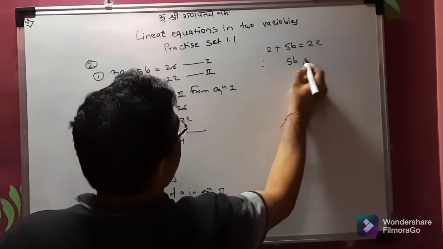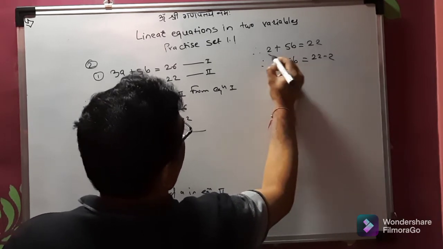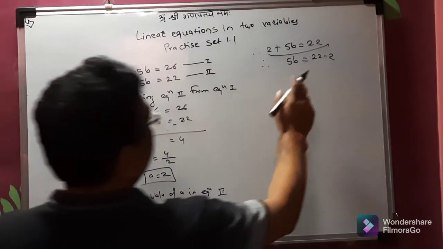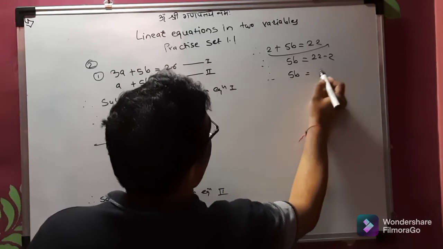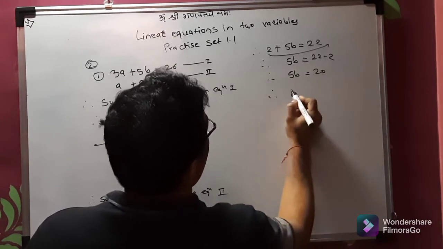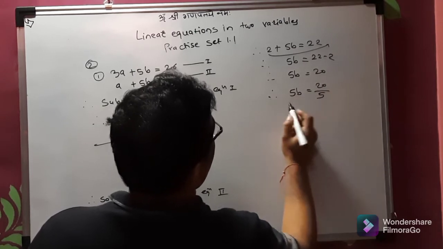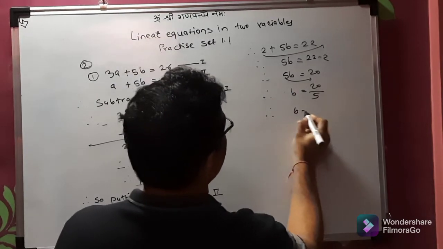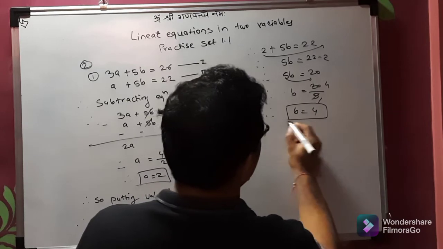So 5b is equal to 22 minus 2, the 2 goes over here. So 5b is equal to 20. So b is equal to 20 upon 5. 5 fours are 20, so b is equal to 4.